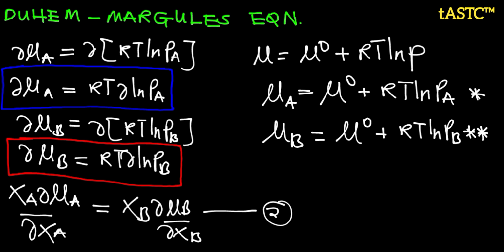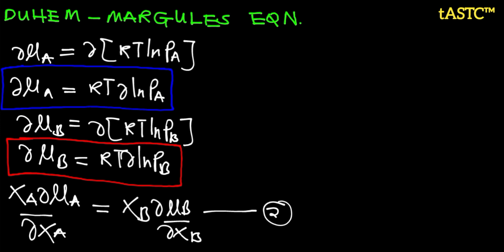And the next thing I need to do is take all these equations and plug them back into equation 2. That is reasonable, because in this place you find that there is a d mu a as well as a d mu b, right? And from these forms we have a d mu b as well as a d mu a. So I'm just going to replace the d mu a and d mu b, which we have in equation 2, with these other forms. Substituting this and this into equation 2, this is what we're going to have.